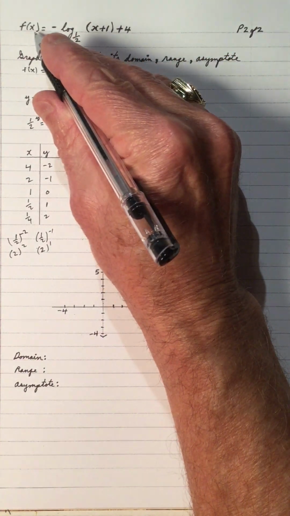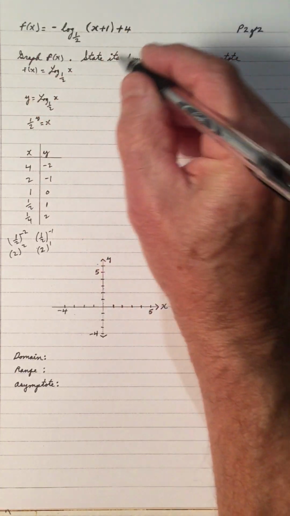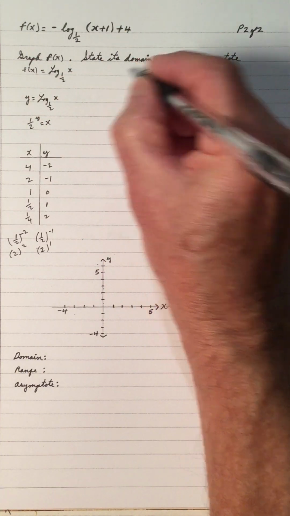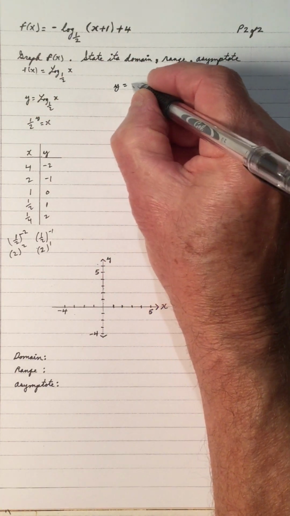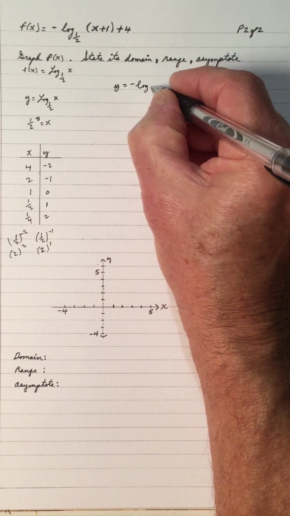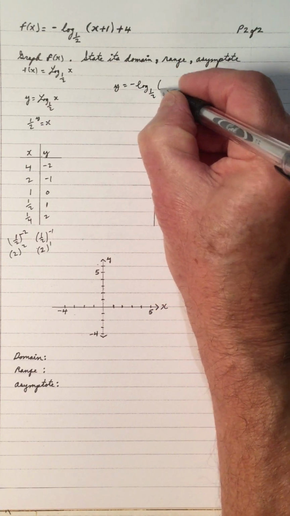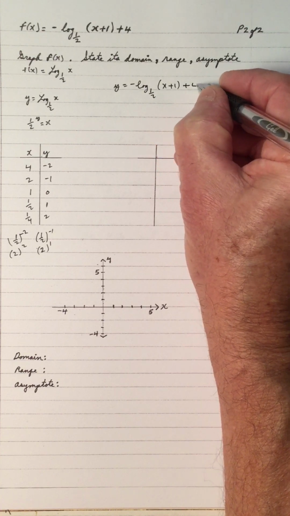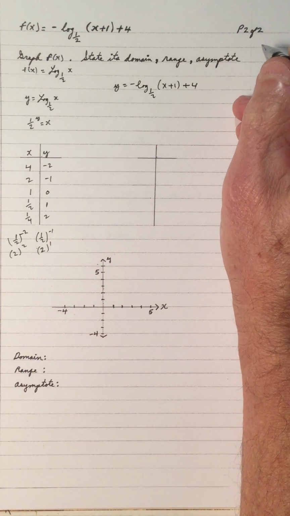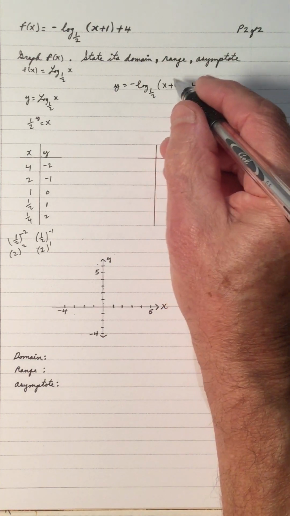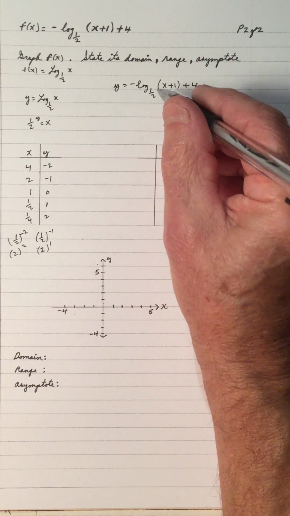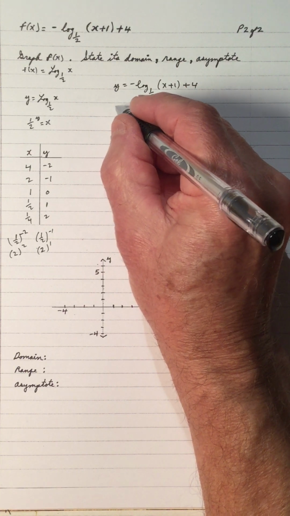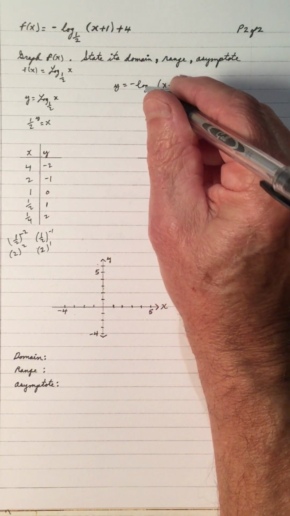So let's look at this equation. F of x, we make it y equals negative log of 1/2 x plus 1, add on 4. So what we have is this equation. The mapping rule based on this, so both of them are in terms of y.